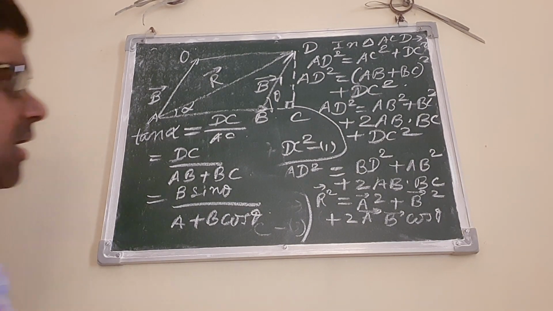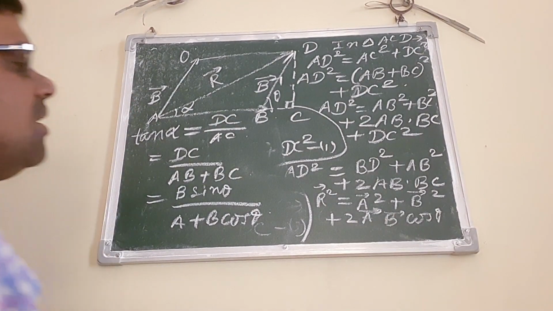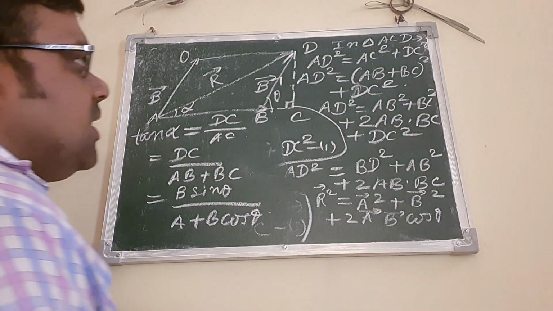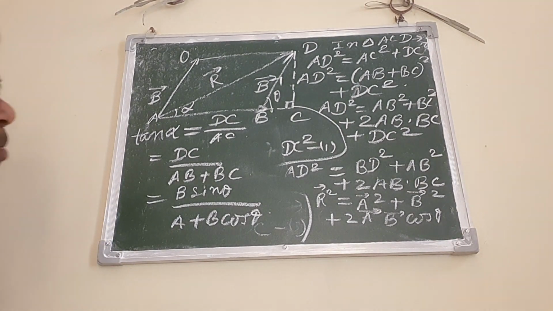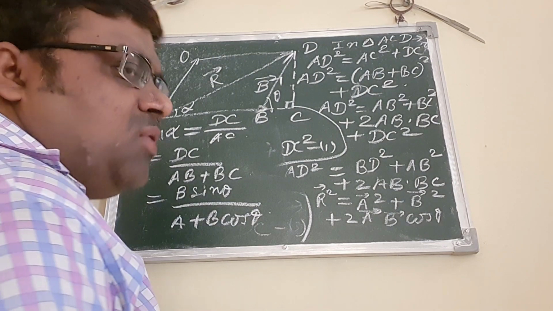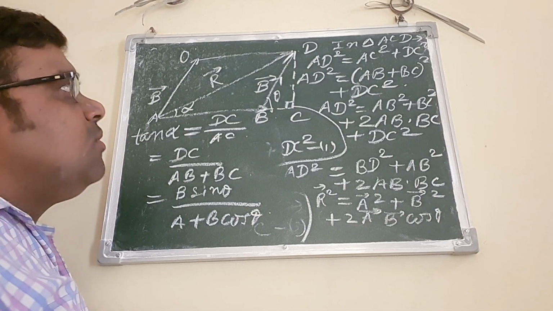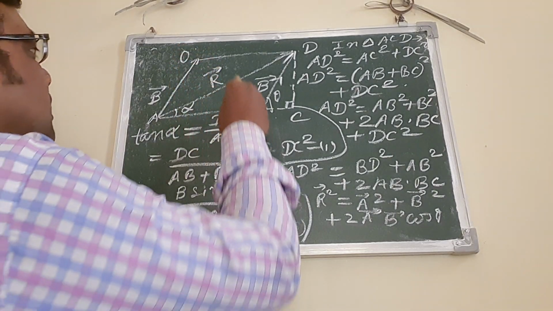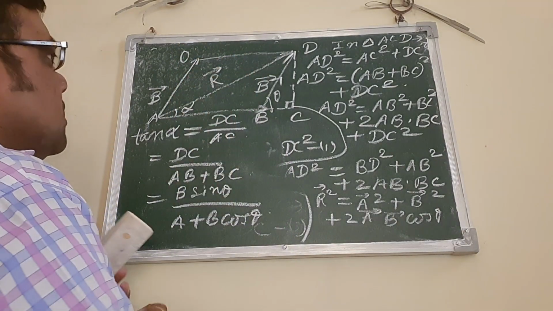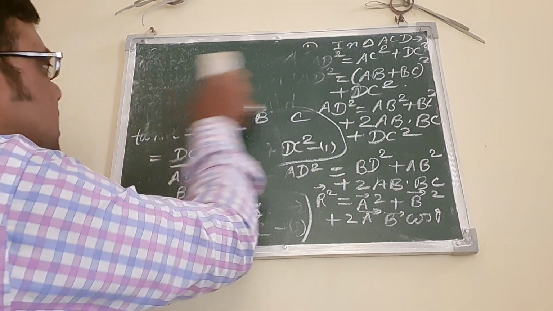So here we can vary theta and we can find the resultant. It will be maximum when theta is equal to 0 degree, so R is equal to A plus B. So I am writing the cases here.